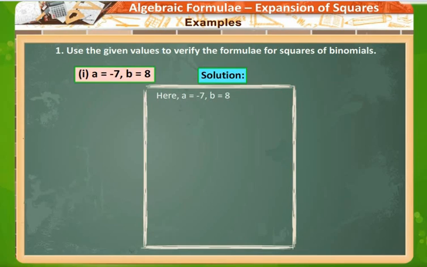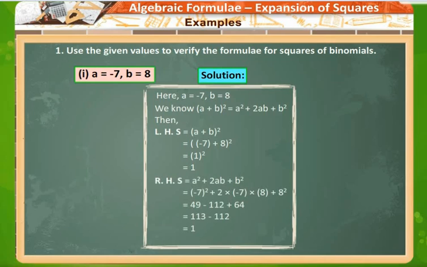Since a is equal to minus 7 and b is equal to 8, we know that a plus b the whole square is equal to a square plus 2ab plus b square. So, putting the values, LHS, the left hand side, a plus b the whole square, is minus 7 plus 8. Minus 7 plus 8 gives you 1. 1 square is always 1.